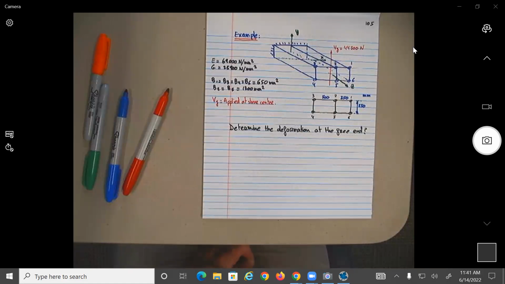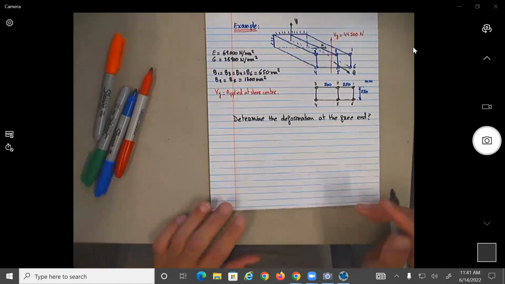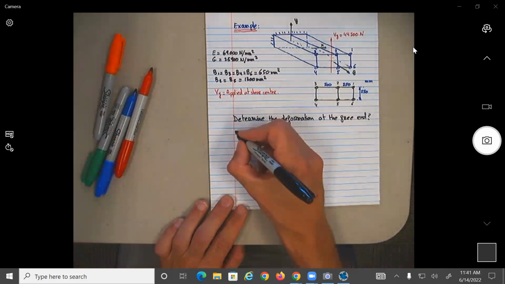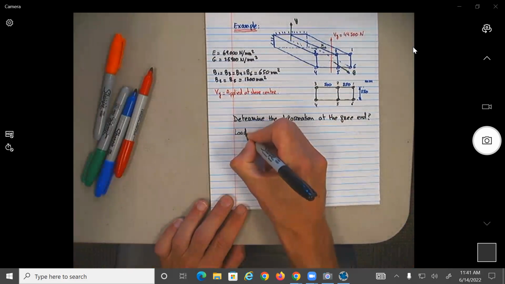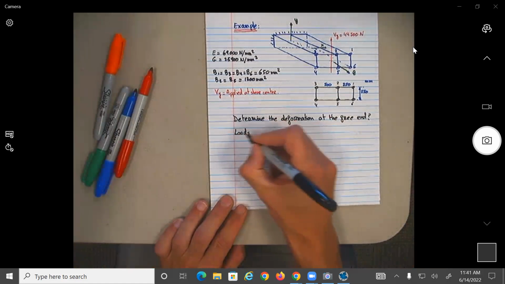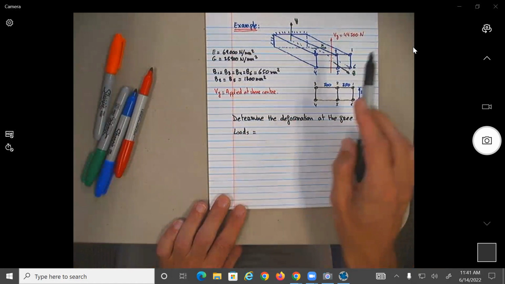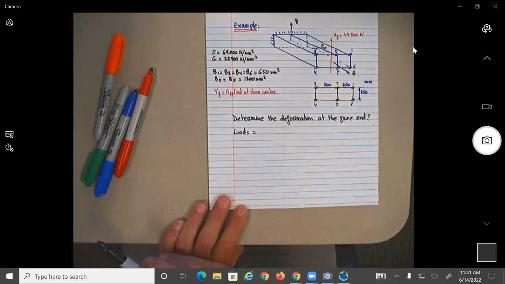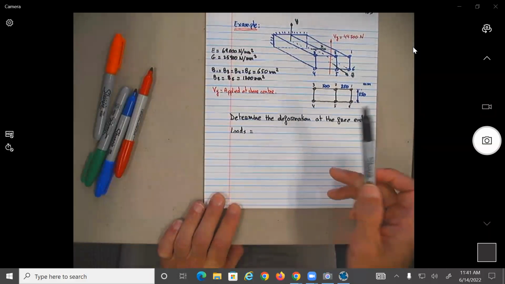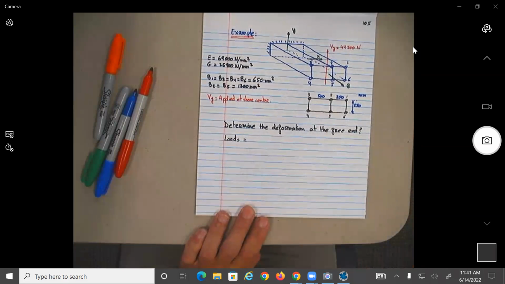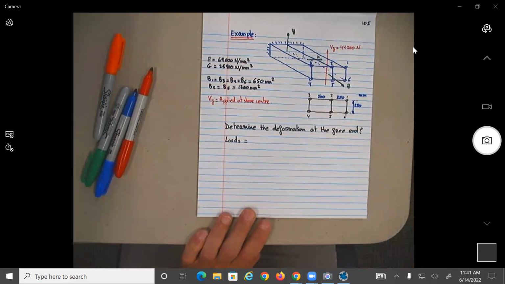Okay, so over here, since we're doing strain energy and energy methods, what type of loadings are you gonna have over here? This force over here is gonna induce what? You have a force at the top of a beam, what's gonna happen to this? It's going to bend up due to what? Due to a bending moment, no?